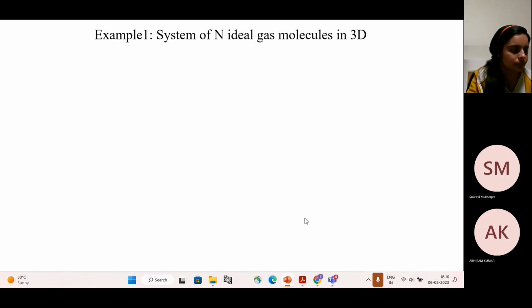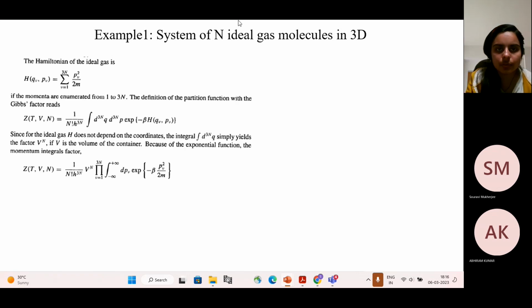Now we'll see some examples, and we'll see how we can use our knowledge to solve certain kinds of systems. So we want to study this system of n ideal gas molecules in 3D.